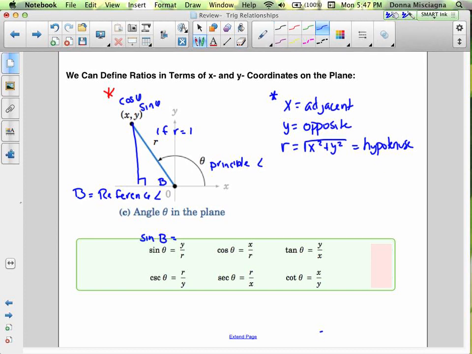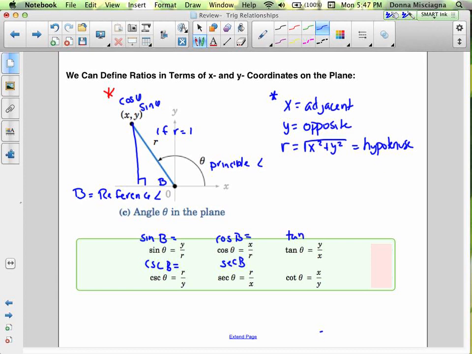Sine B is also going to be the exact same value, and cosecant B would be the same as r over y. Cosine B, when we evaluate our reference angle, we would get the same thing, x over r, and secant theta, we would get the exact same thing if we evaluate angle B, the reference angle.